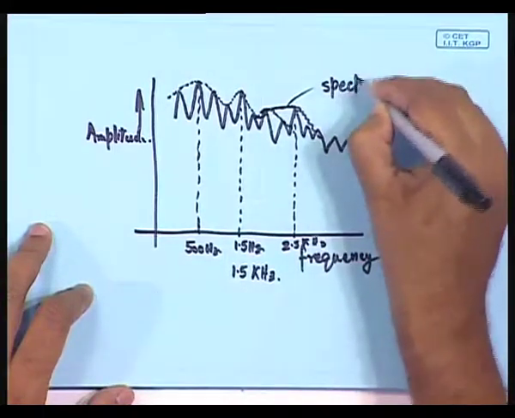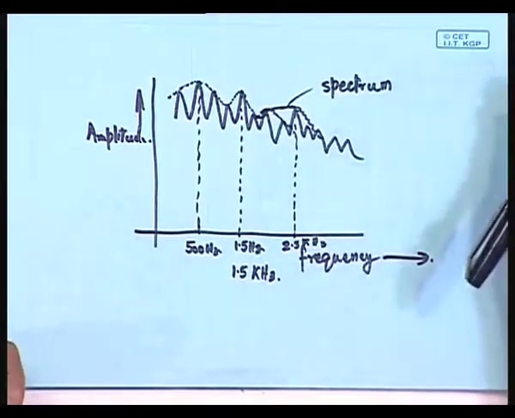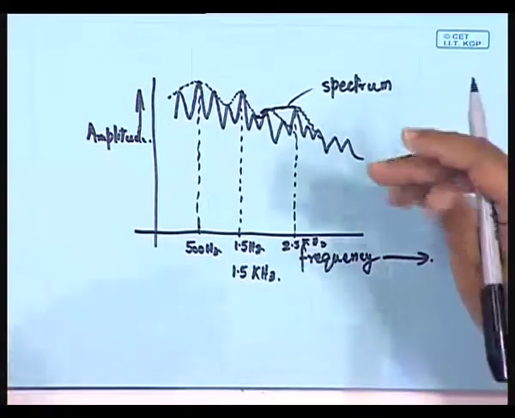In fact, the spectrum we are observing is definitely a short time observation, because the spectrum will change from one quasi stationary period to another. If we compute the spectrum for the first 30 milliseconds, for the next 30 milliseconds our spectrum would be entirely different. It may have the formant frequencies somewhat shifted, it may even have the pitch shifted. Pitch also changes with respect to time, and that is why we produce intonations in our speech.